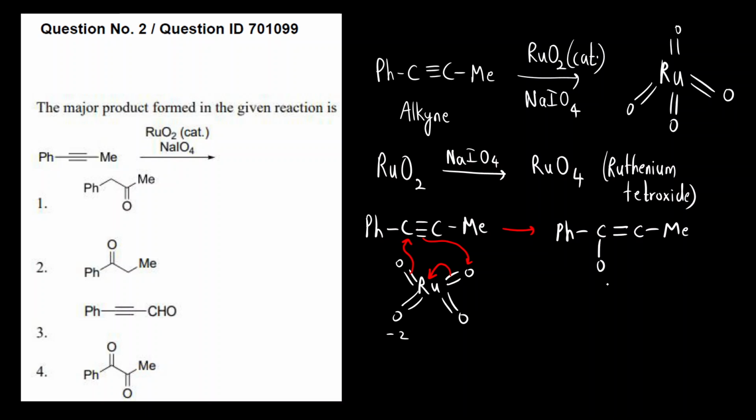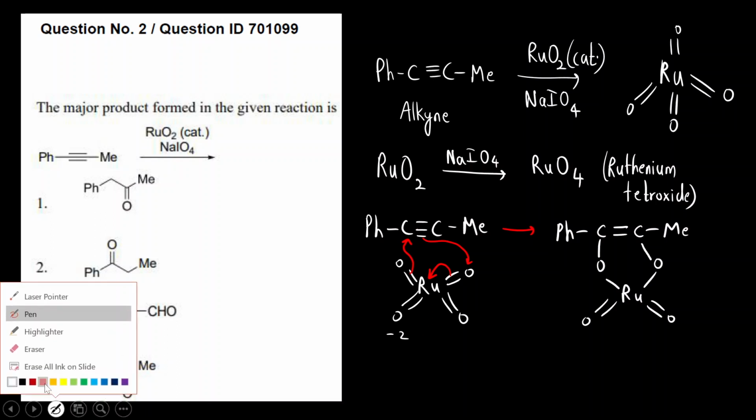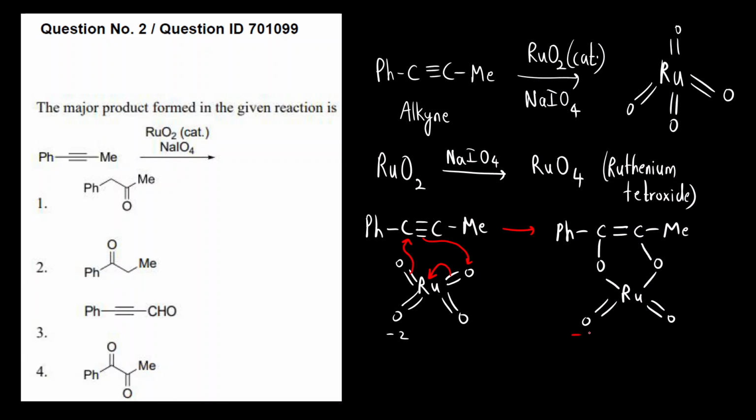This has formed bonds with oxygen, ruthenium, oxygen, ruthenium, double bond O, double bond O. Now what is the oxidation state of ruthenium here? This is -2, -2, -1, -1. So this has got reduced from +8 to +6. That is, ruthenium is undergoing reduction, and the alkyne, the carbon-carbon triple bond, is getting oxidized.